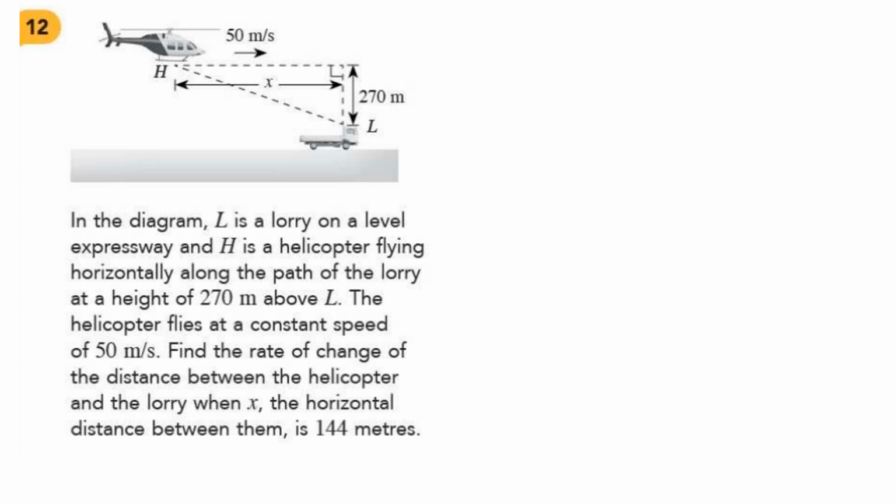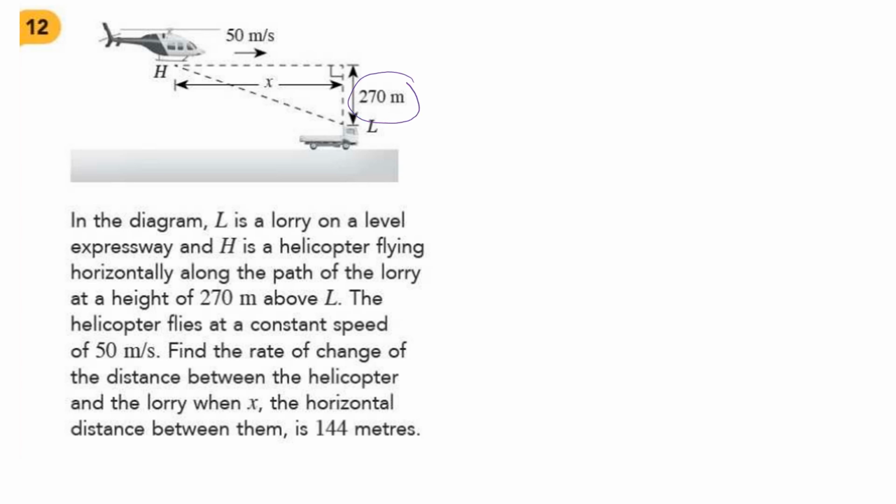In managing this kind of question, first of all, we need to understand what are the constants and what are the variables. Constant meaning something that's fixed, does not change. Variable means something that's changing. So which one is the constant here? Yes, the constant here is your 270 meters.